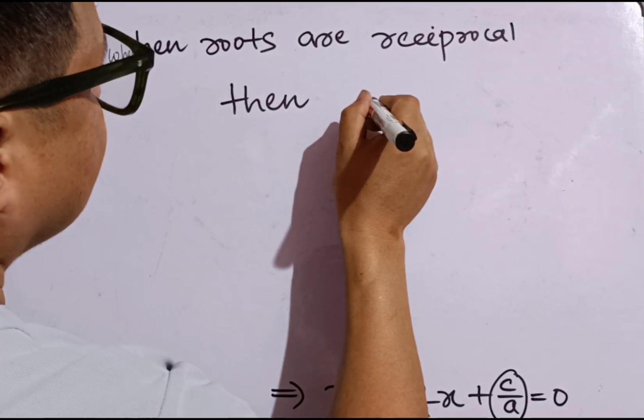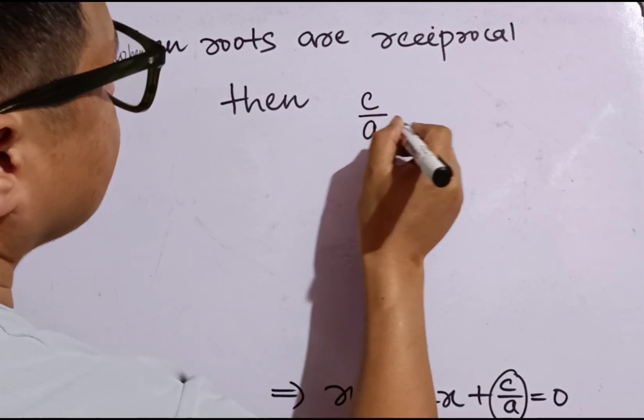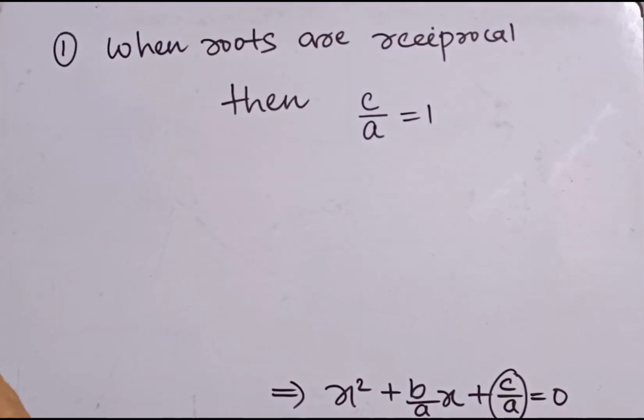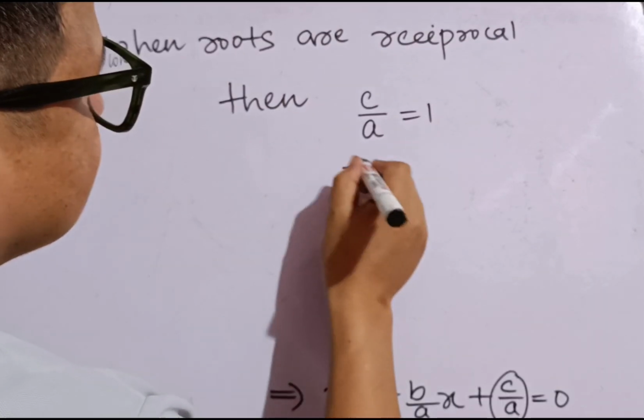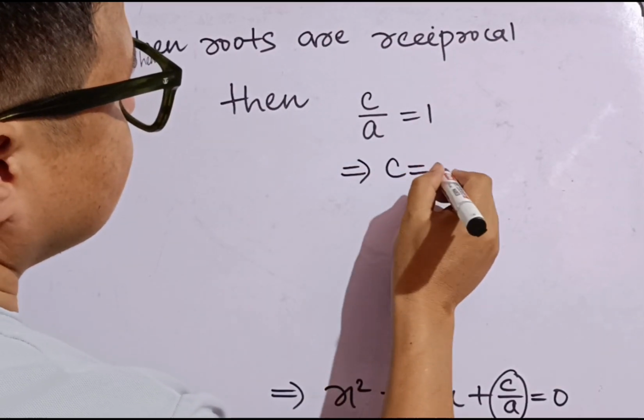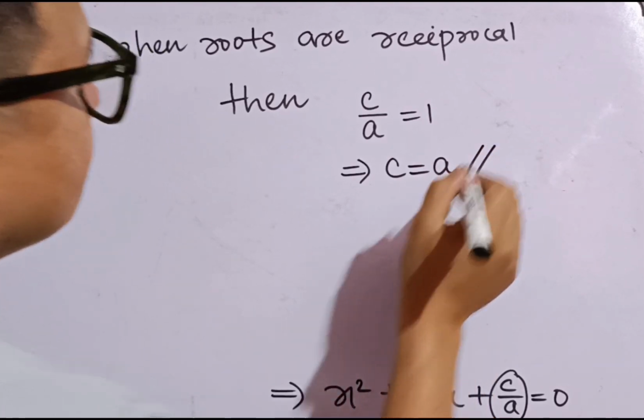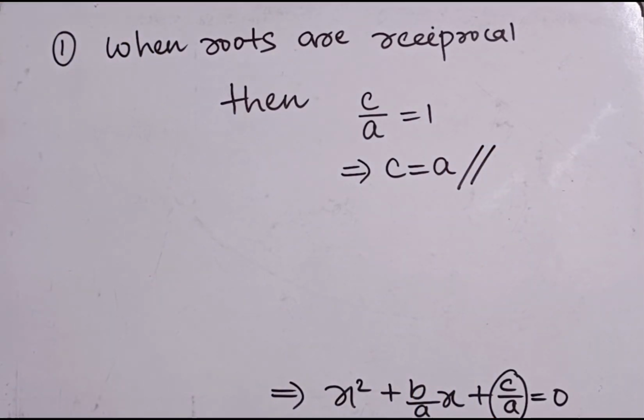So here the product of the roots is given by c upon a, and this is equal to 1. So we can cross multiply. This gives c is equal to a. So this is the condition when the roots of the given quadratic equation are reciprocal.